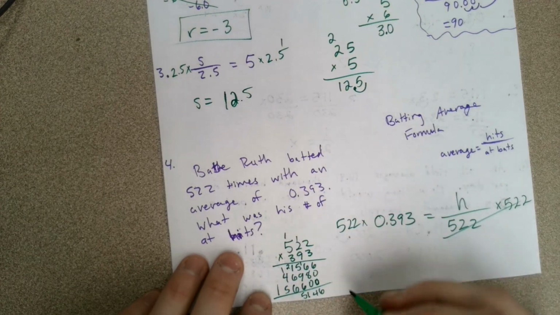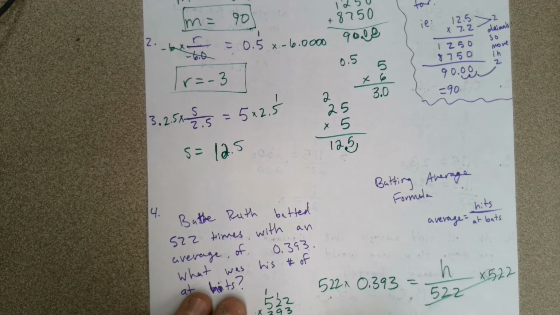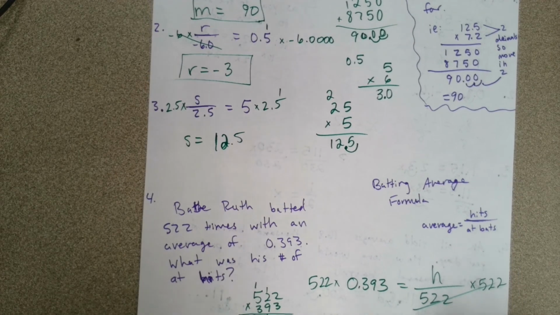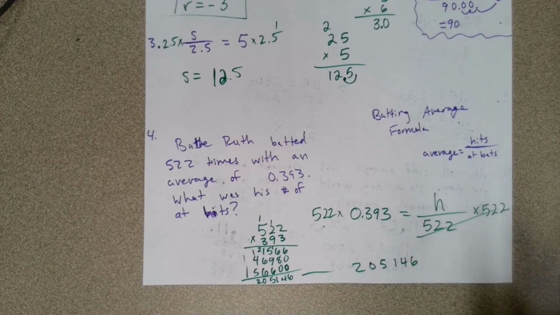Carry the 1. That becomes 10. Carry the 1. Becomes 2. So this gives us our number of 205,146. Now we have to figure out where the decimal goes there. Oh, sorry, I lost you on the end there. It was just some mental math, don't worry.